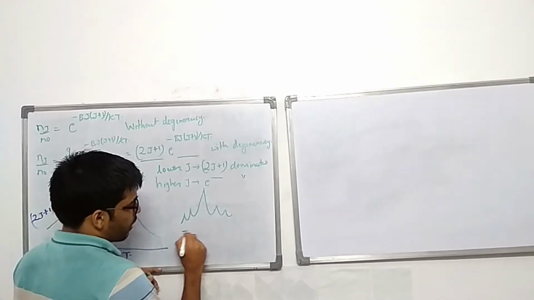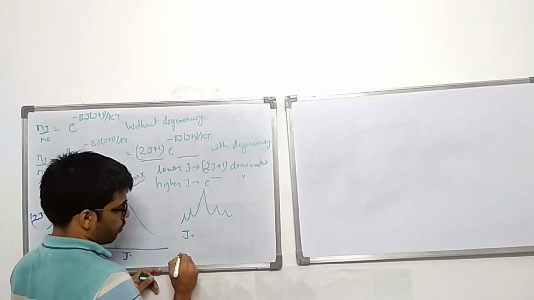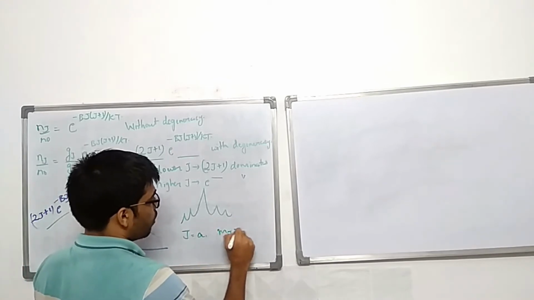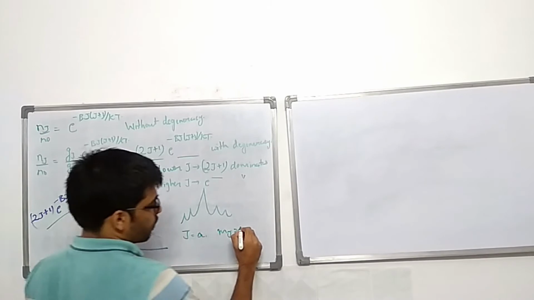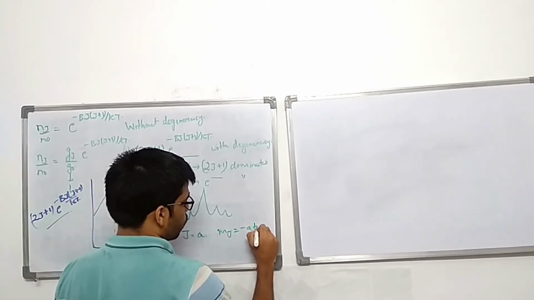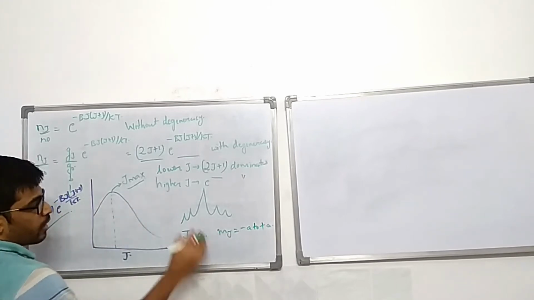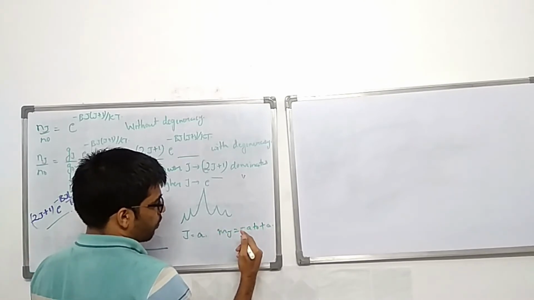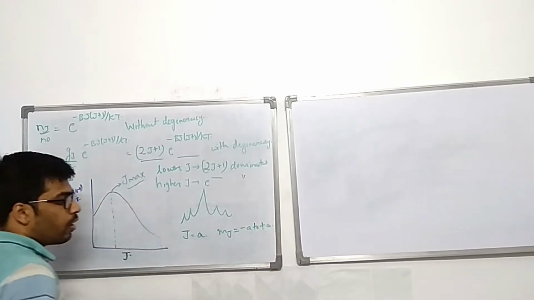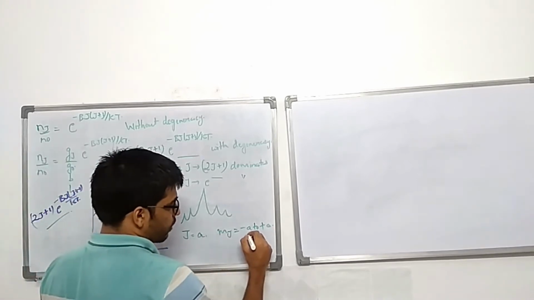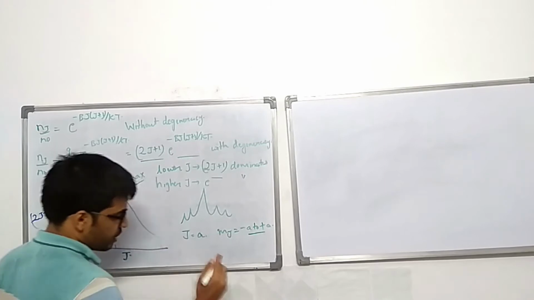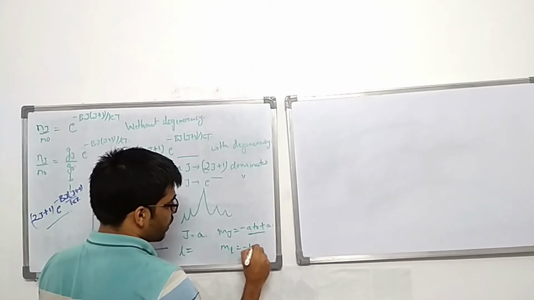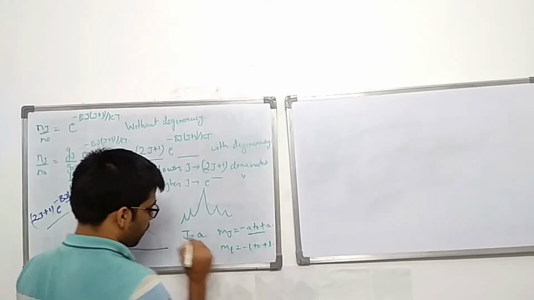One more thing, for any value of j, let's say j equals to a, the possible values of the rotations which are available at that rotational quantum number are minus a to plus a. It is just like L, where we have the value of L and ml is equal to minus L to plus L. It is just the same.